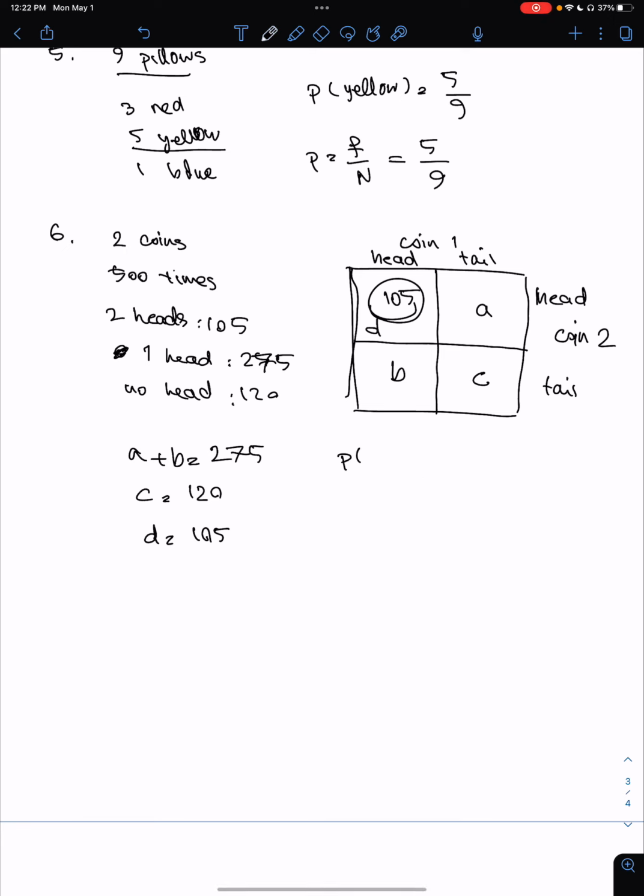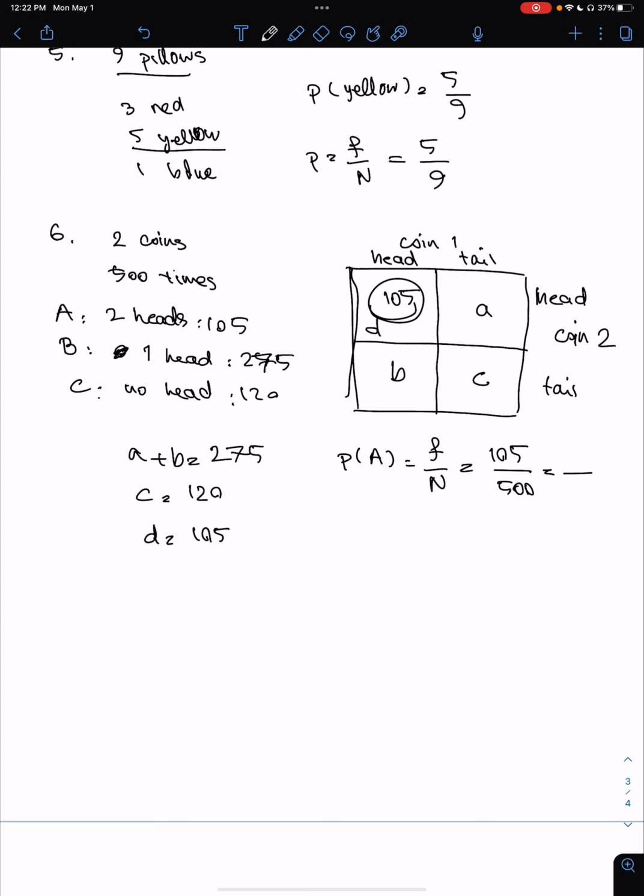So this is event A, this is event B, this is event C. So P of event A equals F divided by N. F we have is 105, N is 500.